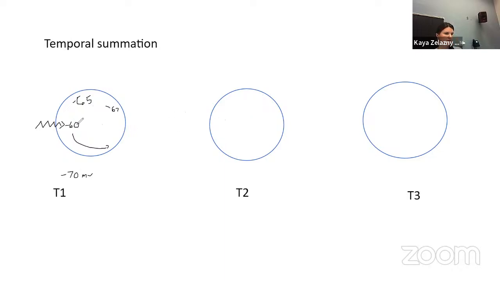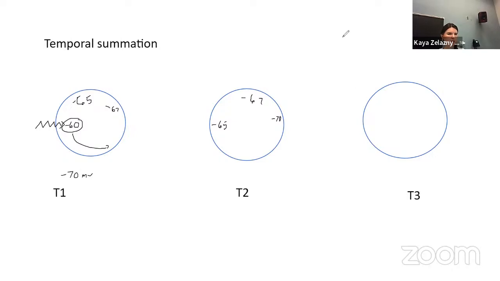So now where we had -60, let's say we're getting slightly back towards our resting membrane potential. So now we're at -65. Let's say this one over here is now -67. I'll make this -70 over here. Let's say this end totally faded.